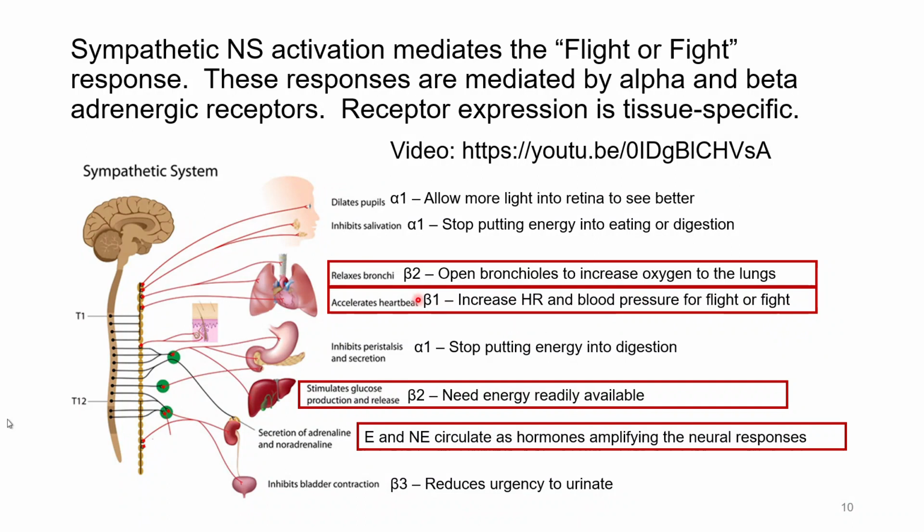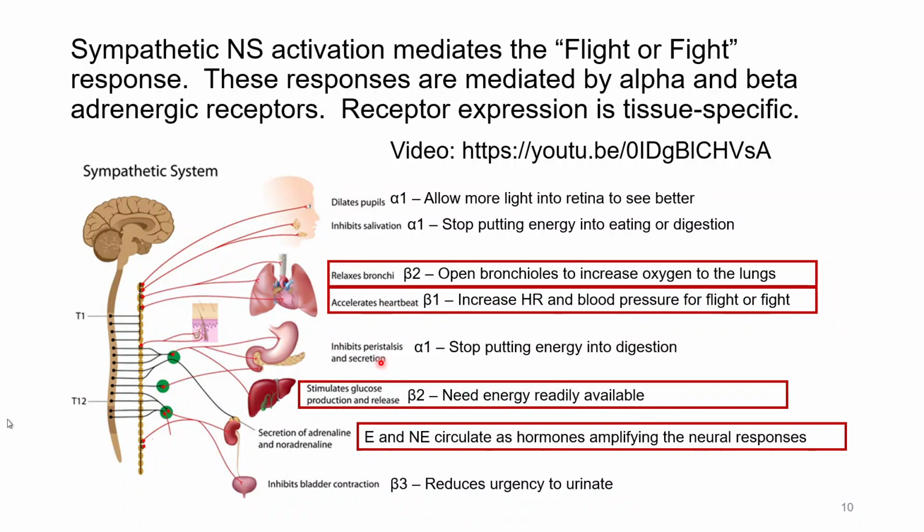And the way I remember beta-1 versus beta-2 is what we see in the lungs. You have one heart and you have two lungs. So beta-1 for the heart, beta-2 for the lungs. So if you're going to be running out of the burning building, your heart rate needs to increase, your blood pressure needs to go up because you need to get blood right up to your skeletal muscles.